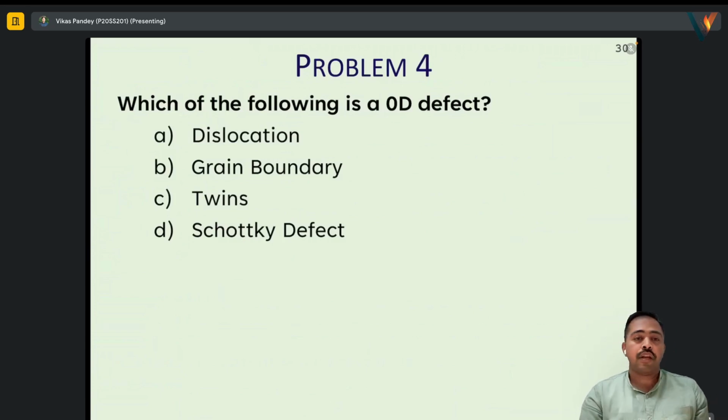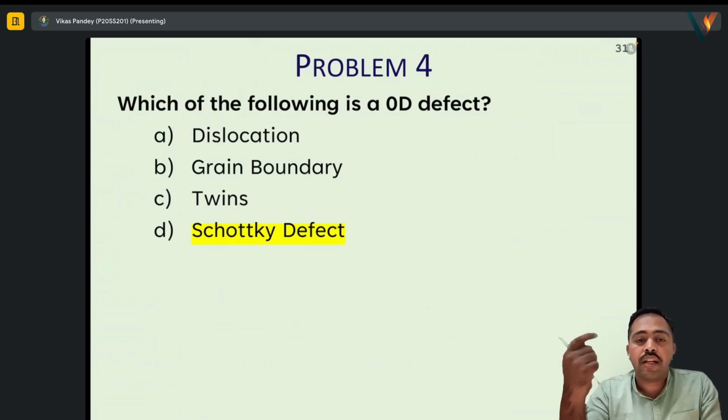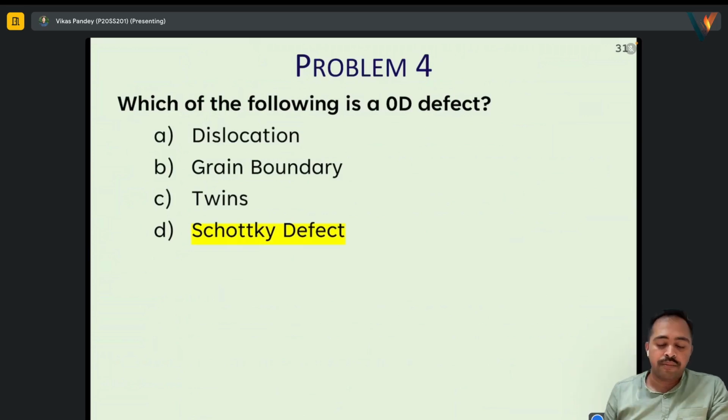So as we know, in the case of a Schottky defect, one single atom can be moved from one place to another, and that is why this comes under 0D defect or point defect.